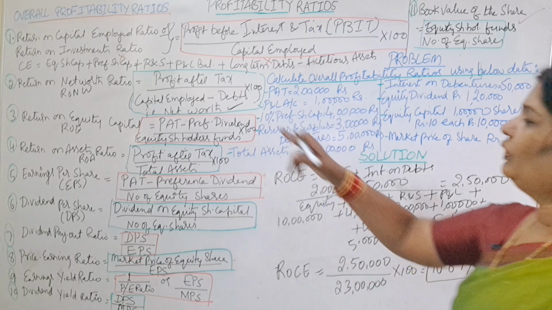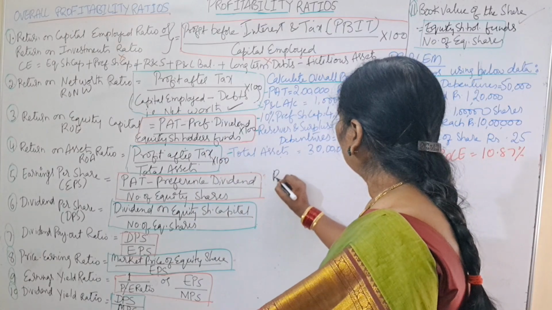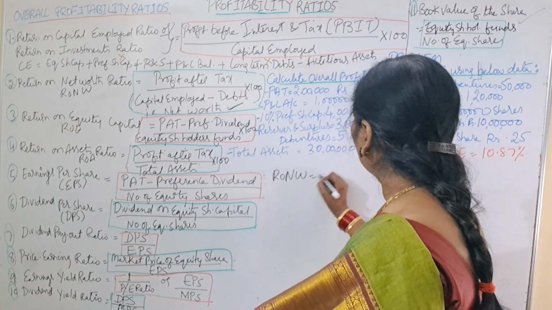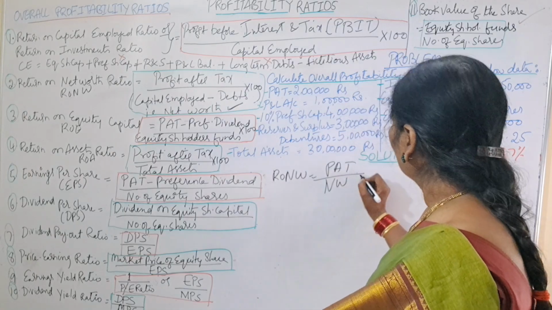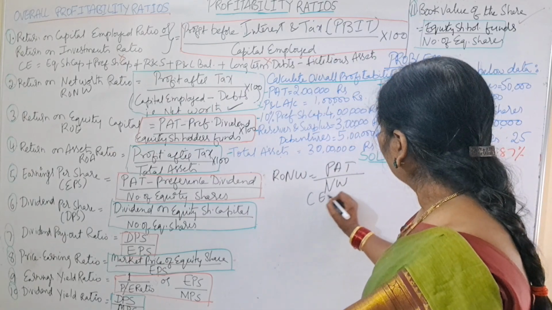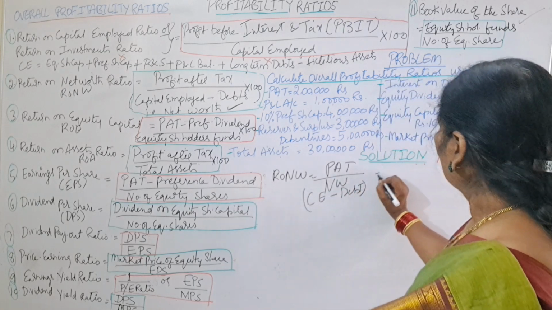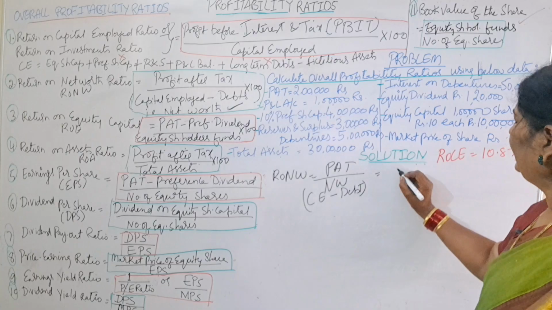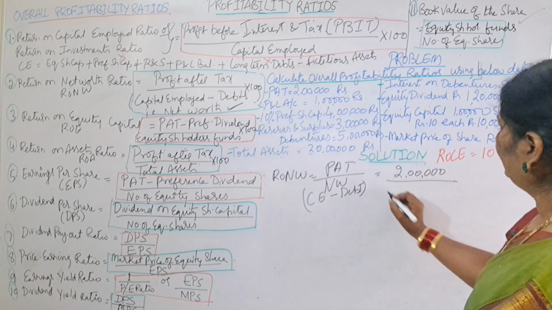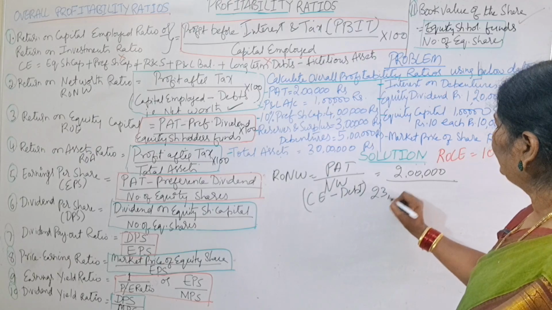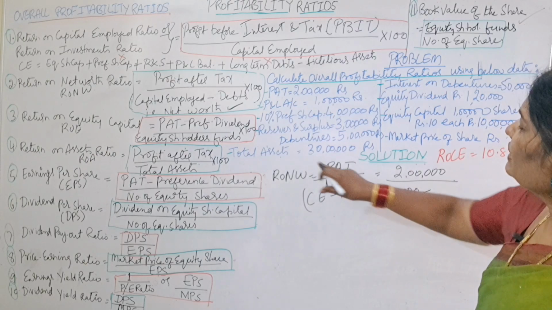Now we'll do the second formula, return on net worth ratio. Return on net worth is equal to PAT by net worth, which means capital employed minus debentures. PAT amount is given, so we can take directly 2 lakhs, divided by our capital employed that we calculated in the previous formula, 23 lakhs, minus the debentures amount.